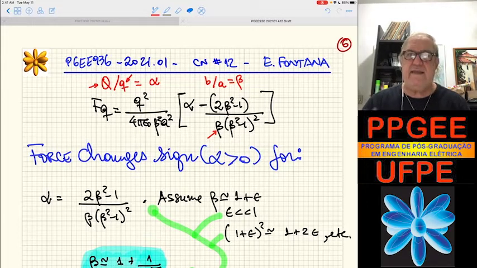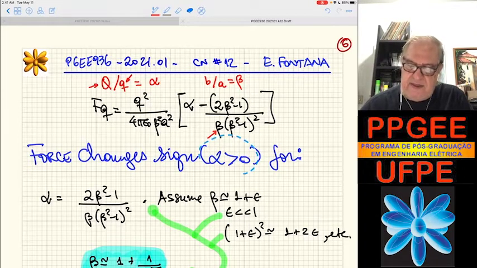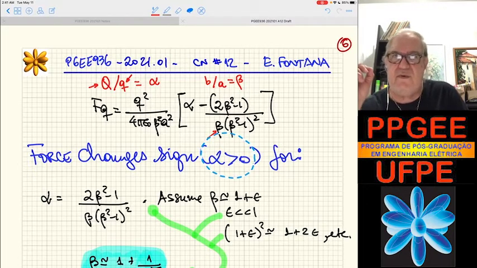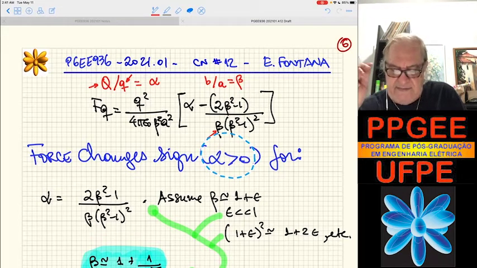So let's assume that both charges have the same sign. Let's consider the most interesting situation, in which alpha is larger than 0. That means capital Q and lowercase q have the same sign.